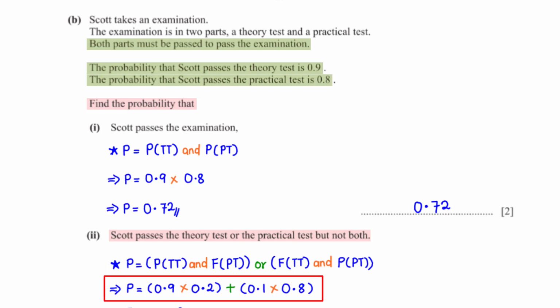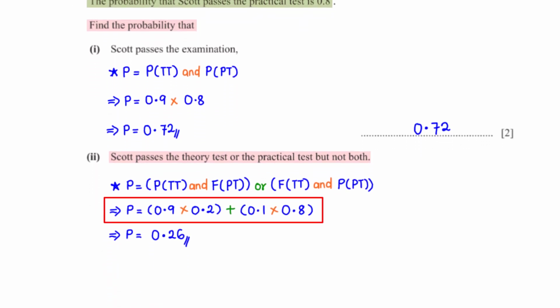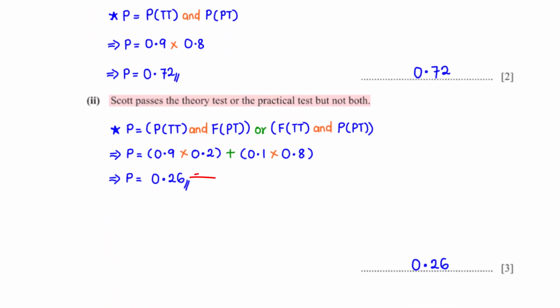The probability that Scott fails the practical test is 1 minus 0.8, which is 0.2. The probability that Scott fails the theory test is 1 minus 0.9, which is 0.1. The probability that Scott passes the practical test is 0.8. When we type this into the calculator, we get 0.26.